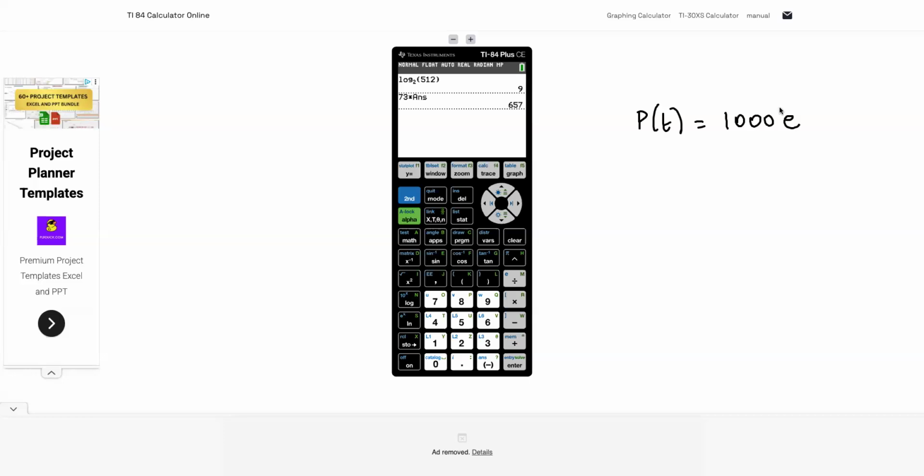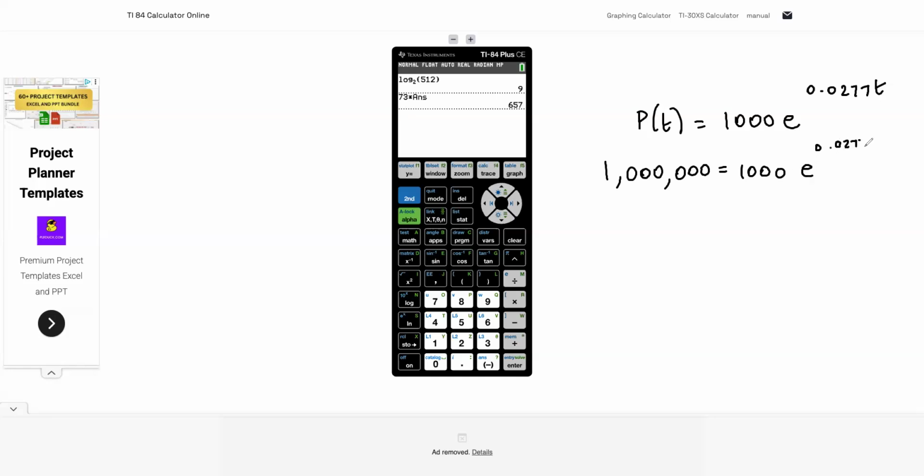Okay, let's do this one. 1000 e power 0.0277t. Now the question is asking how much time will it take for the population to reach 1 million?